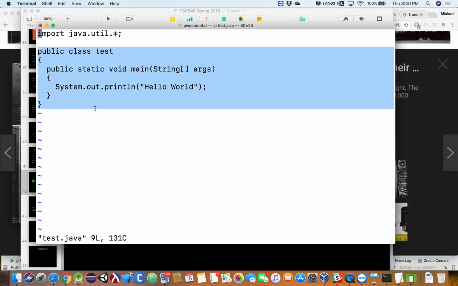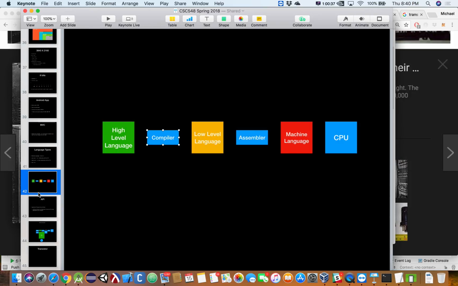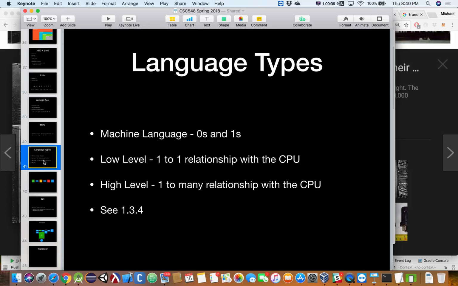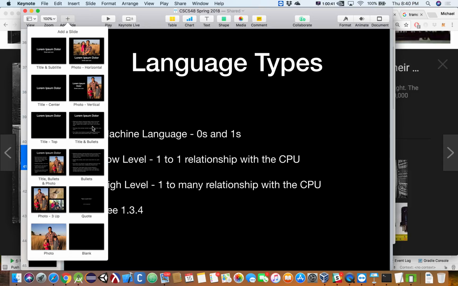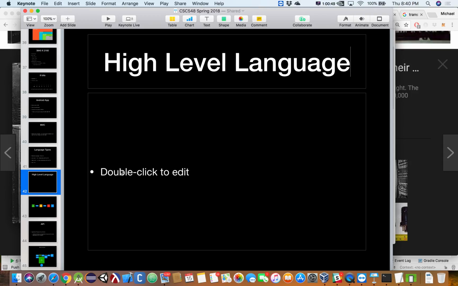Now, the punchline of the whole discussion comes back to this idea that we want games to be fast. And then we have to think of the nature of that compiler, because we're dealing with high-level languages. So we're going to think of a high-level language like a power tool.